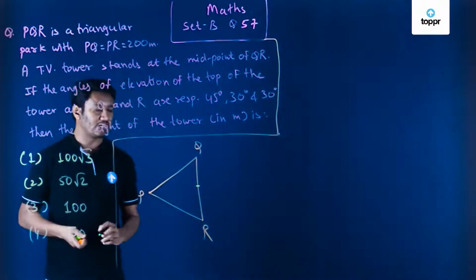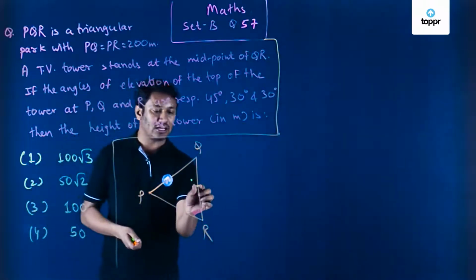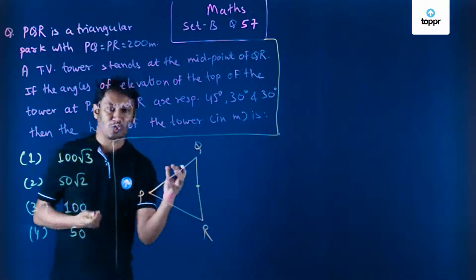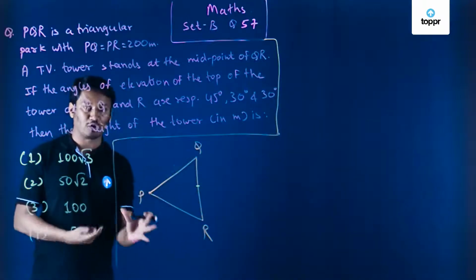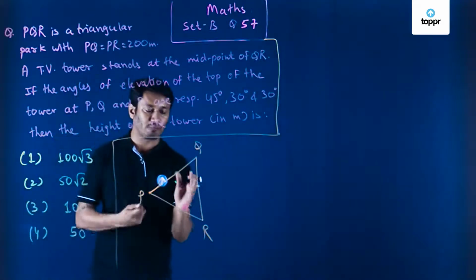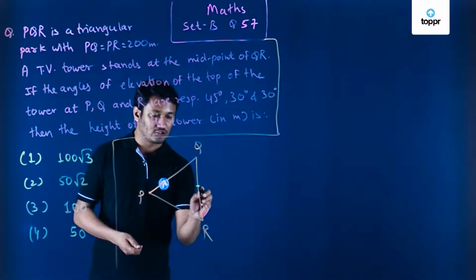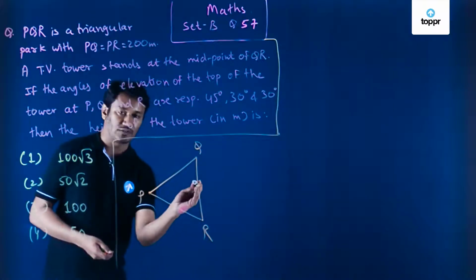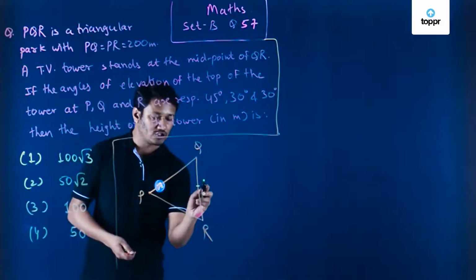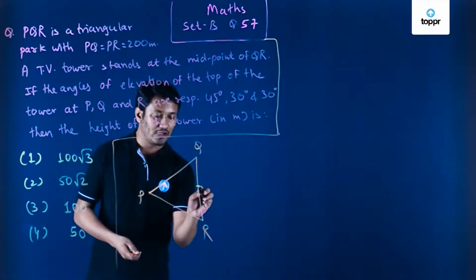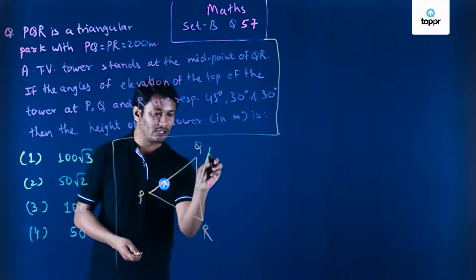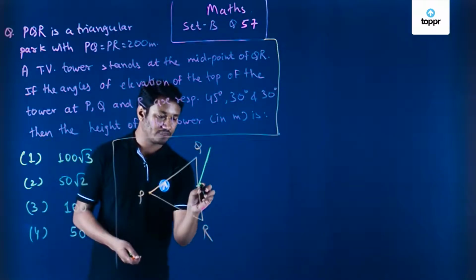There is a TV tower standing right at this midpoint. So now it's not possible to draw the structure on two-dimensional plane, but we will draw the approximate representation. So let's say there is a TV tower which will be coming out of the screen right now, but we can just draw something approximately. Let's say this is how the TV tower looks like.